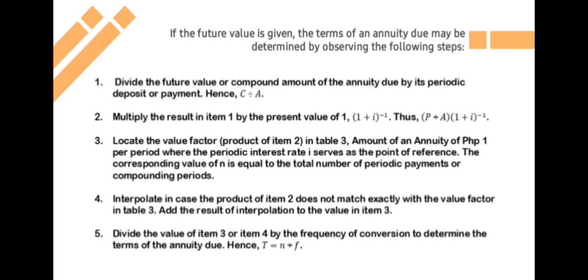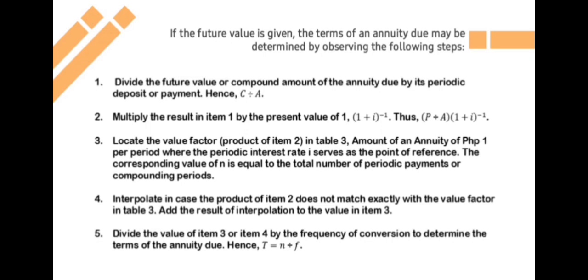Add the result of interpolation to the value in item 3. So, same lang din sila sa present value. So, last naman is divide the value of item 3 or item 4 by the frequency of conversion to determine the terms of the annuity due.